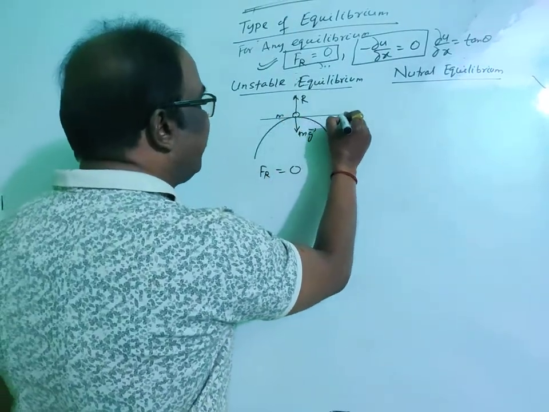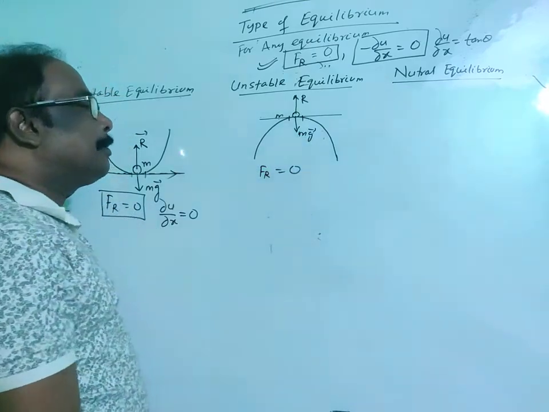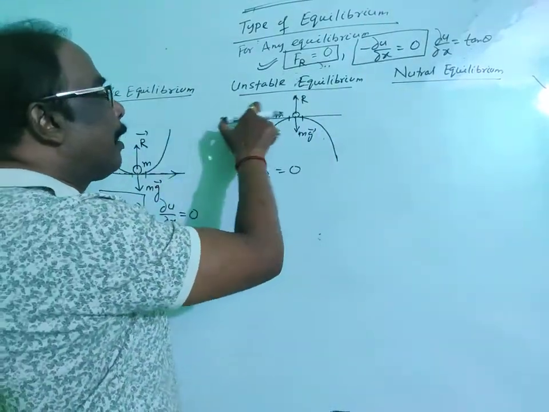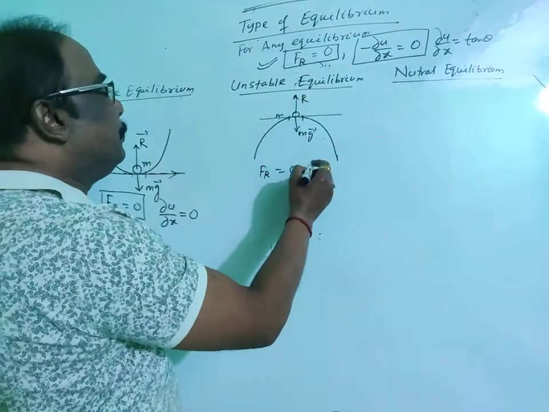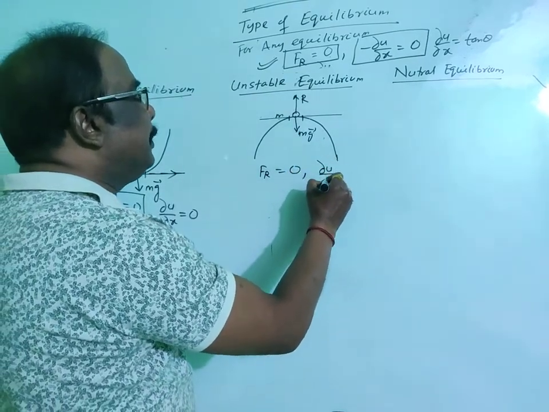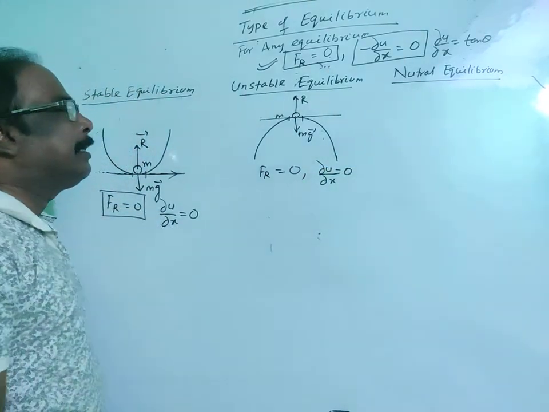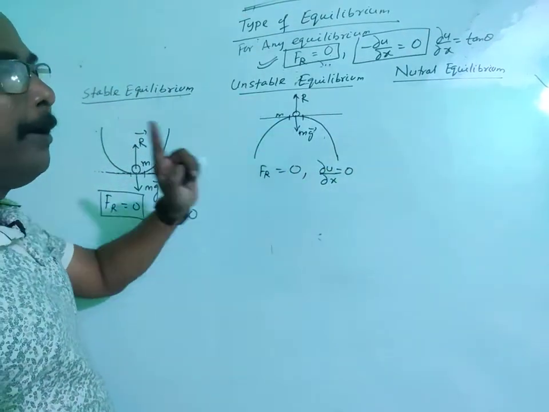If you draw a tangent for this elemental section, the tangent is parallel to the surface. So theta is 0, meaning dU by dx is equal to 0. Again, the second condition is satisfied.